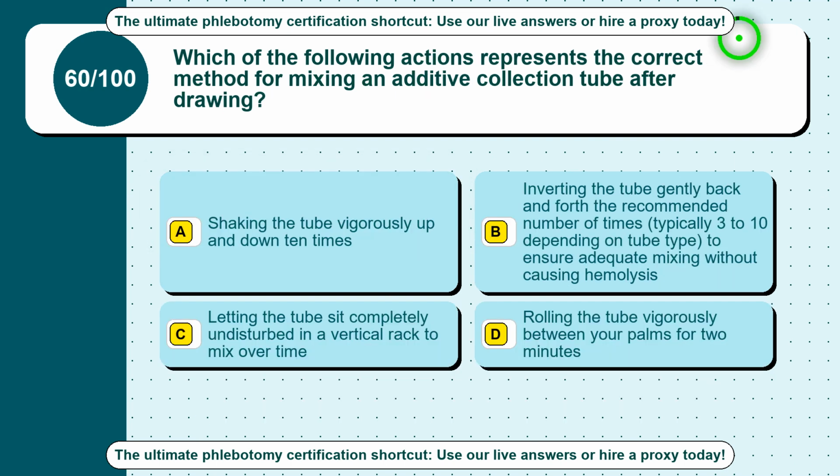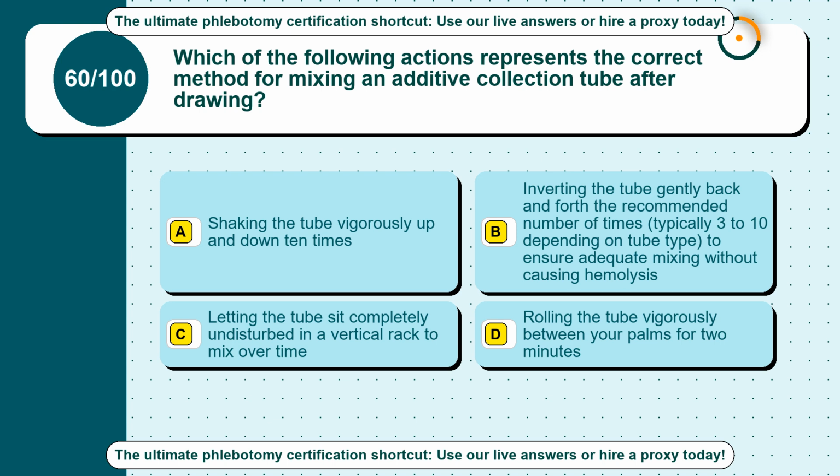Question 60. Which of the following actions represents the correct method for mixing an additive collection tube after drawing? Option A, shaking the tube vigorously up and down 10 times. Option B, inverting the tube gently back and forth the recommended number of times, typically 3 to 10 depending on tube type, to ensure adequate mixing without causing hemolysis.